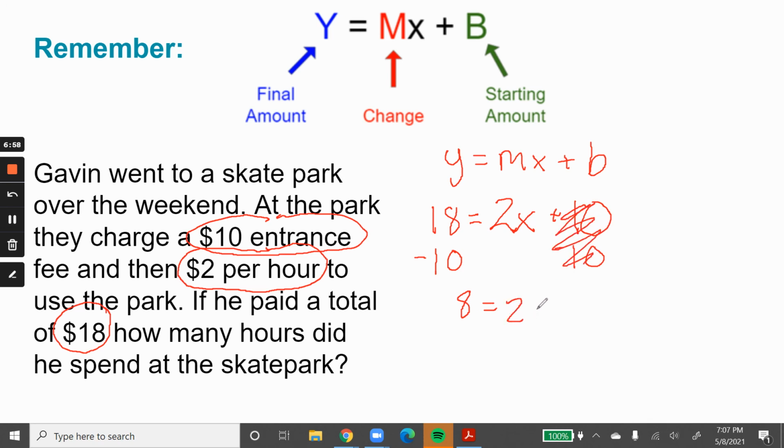So we have 8 equals 2x. We divide by 2, and we get x equals 4. Remember, in this case, x represented the hours that Gavin spent at the skate park. So in order to have to pay $18, he would have to spend 4 hours at the skate park.